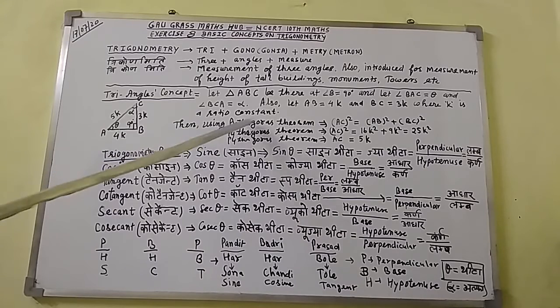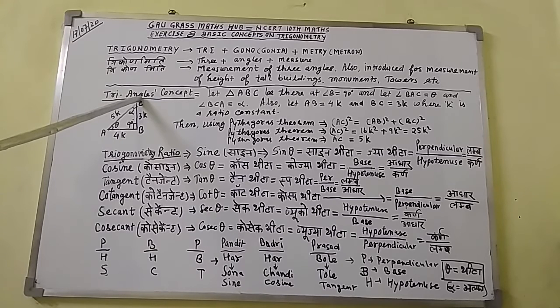Then, using the Pythagoras theorem, the side AC is just opposite to angle B. Angle B here is 90 degrees. The side opposite to angle B will be side AC, which I have let be 5K. That's why AC will be the hypotenuse here.